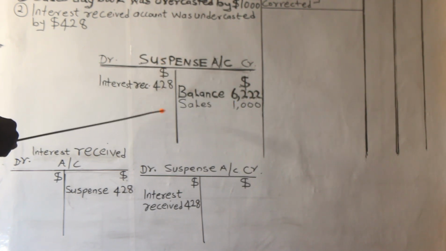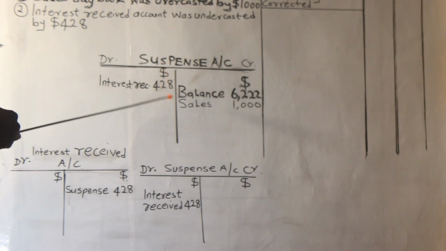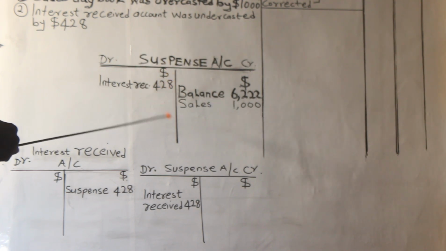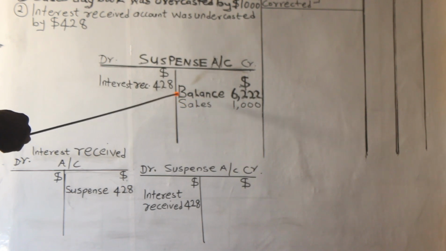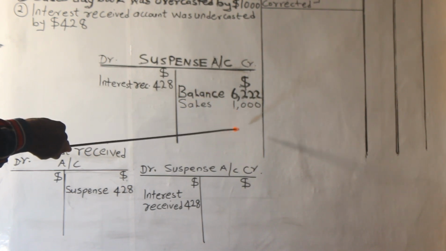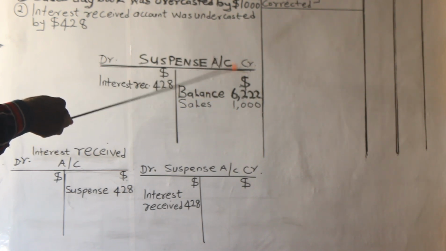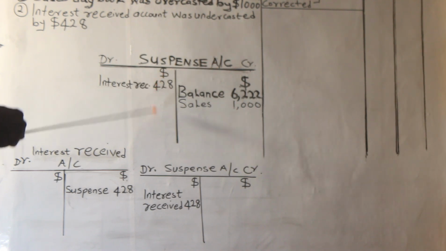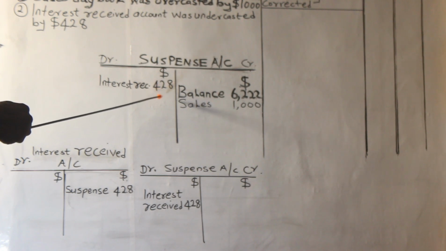Remember that I have always used the word increase because what we are watching out for is how an error has increased either the credit side of the suspense account or the debit side of the suspense account. Increase is the watchword here.